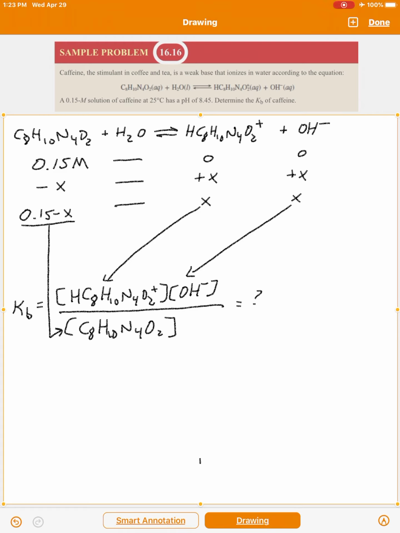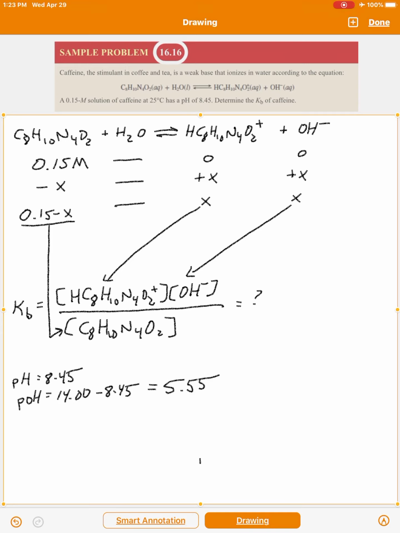They give us the pH. So that's 8.45. From that, the pOH, very handy, is 14 minus pH, right? pH plus pOH is 14. So if you know the pH, the pOH can be calculated very easily. 5.55.